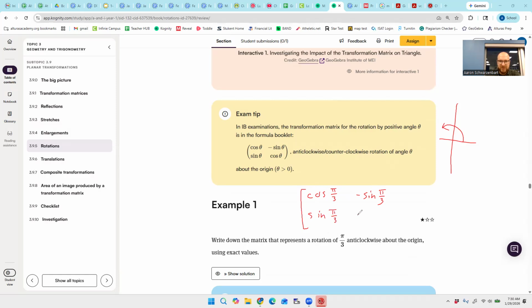I don't really want to leave it with these cosines and sines in here. I would like to simplify those. The cosine of pi over 3 is 1/2. The sine is square root of 3 over 2.